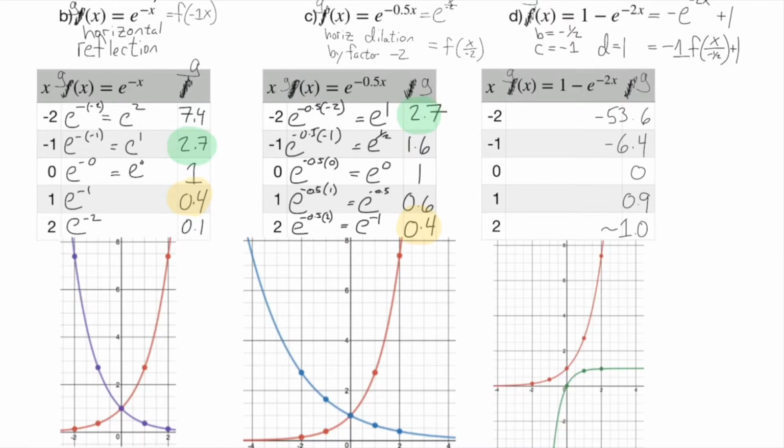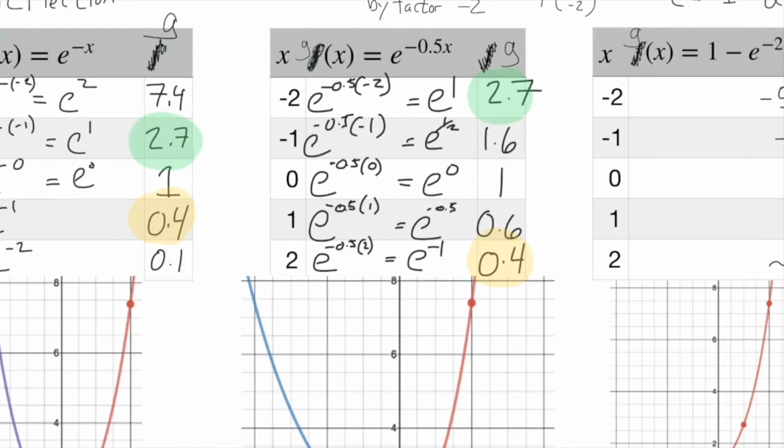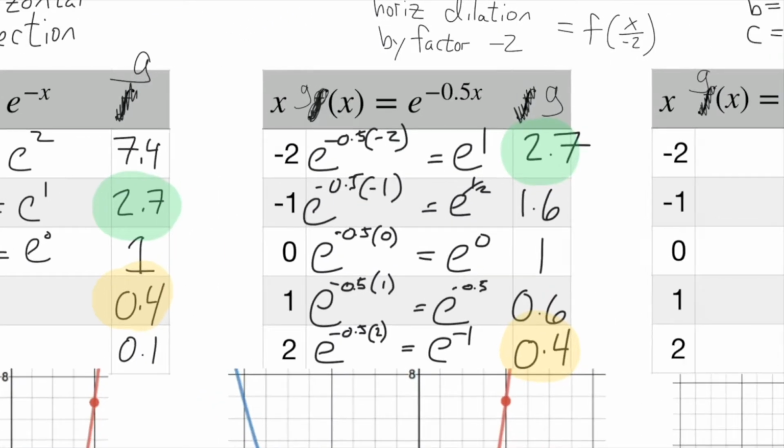Example C, what if we did this, negative 0.5x? This is the same thing as x over negative 2. That means we've got a b value of negative 2. It's going to be a horizontal dilation by a factor of negative 2, as you can see right here. Things are going to be spread out. Not only are they going to be reflected, they're going to be spread out twice as far.